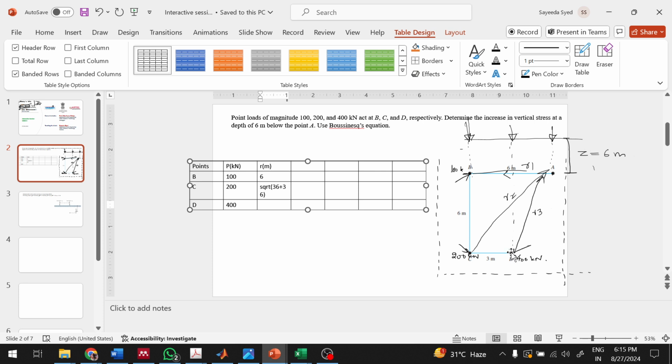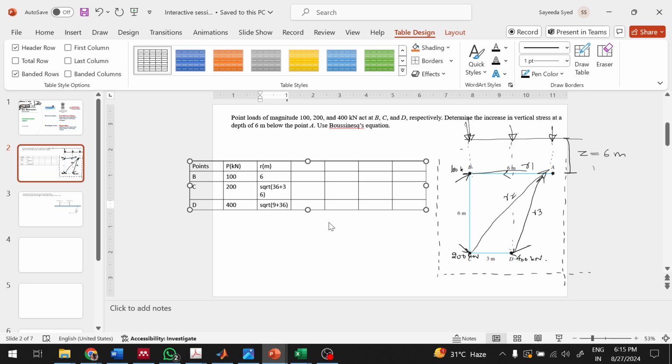And for D, if I take this triangle, this is 3 meter and 6 meter. Square root of 3 square plus 6 square, 9 plus 36.